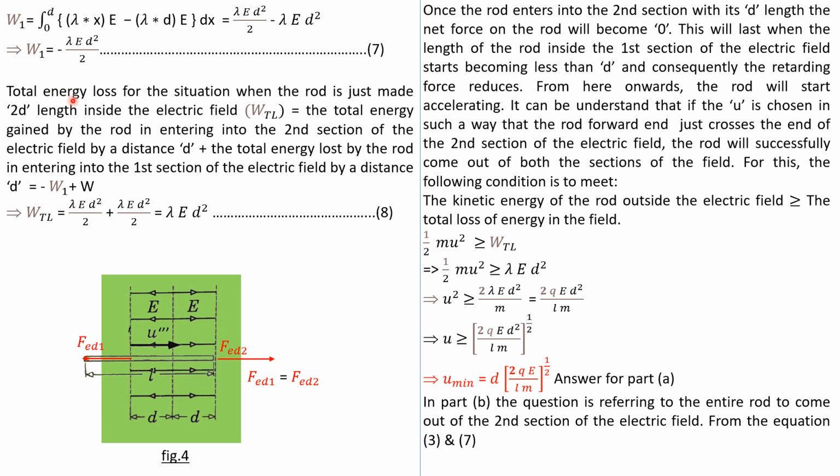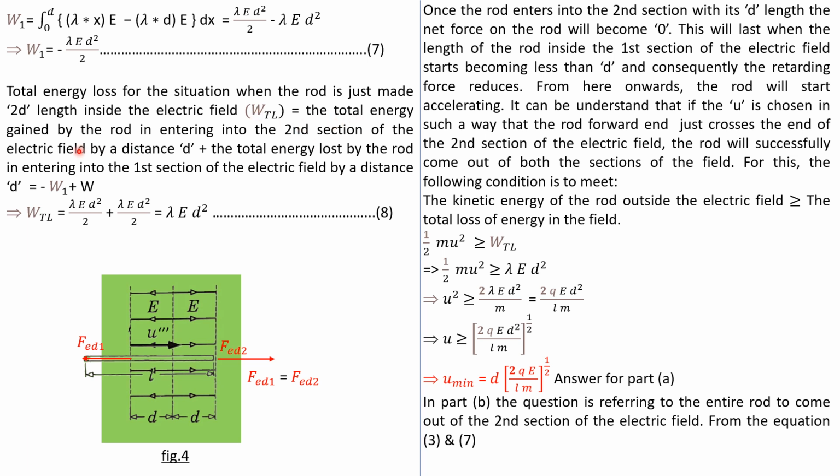So what will be the total energy loss for the situation when the rod has entered d distance in the second field and d distance is already there in the first section of the field? The total energy loss for the situation will be WTL if we write.